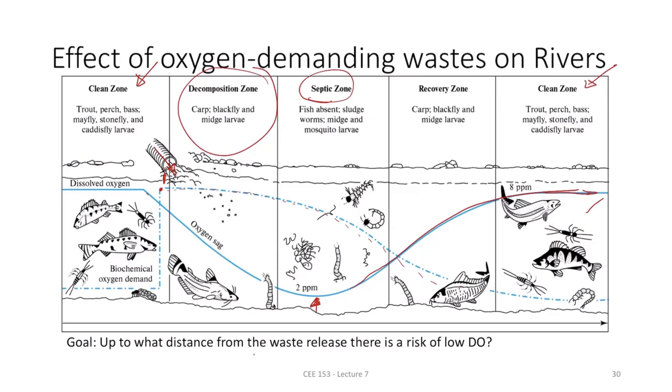So your goal is to determine the distance at which the concentration of dissolved oxygen will be the least. DC means critical distance, and the concentration at this location we can call DO critical. That's the lowest amount of DO you can expect.